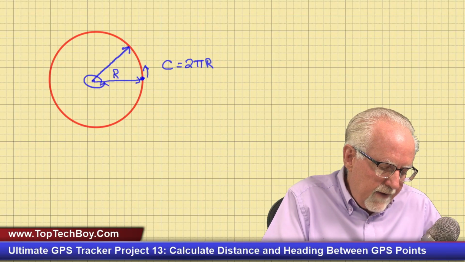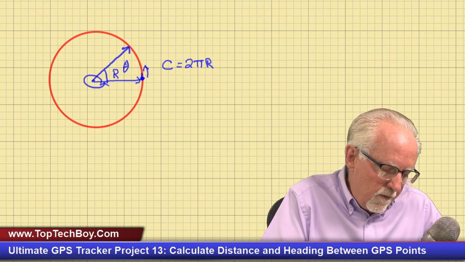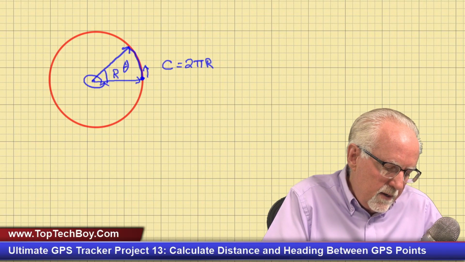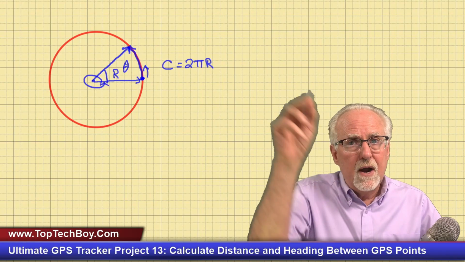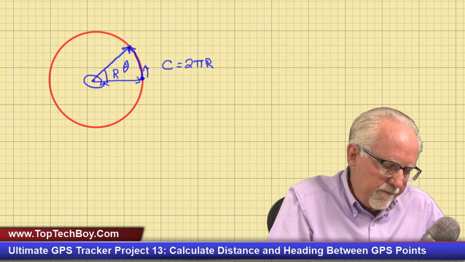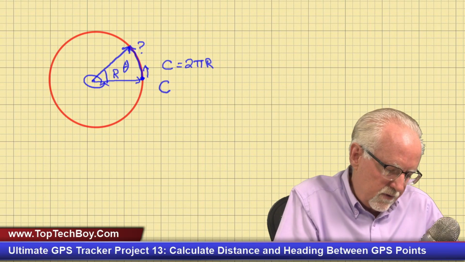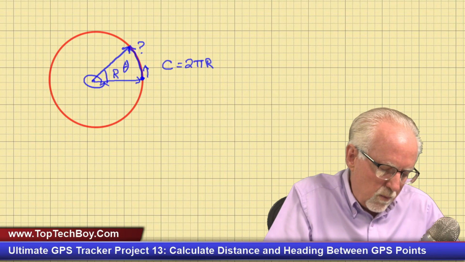So what if instead of 2 pi, I just came theta radians? Well, how far did I go from here to here on the curve, right? I'm not flattening that. I'm going on the curve. How far would that be? Well, that distance, we'll call it the distance that we went there instead of circumference, because we're not going all the way around.